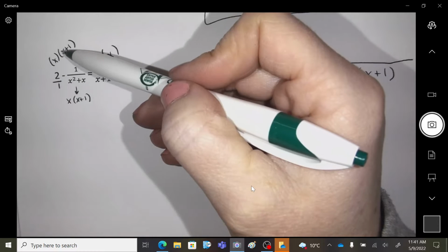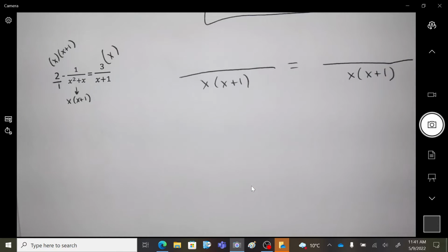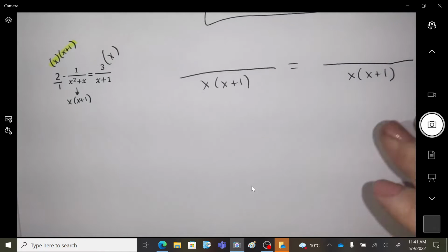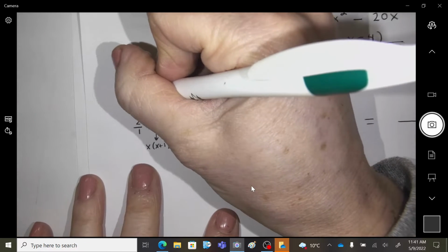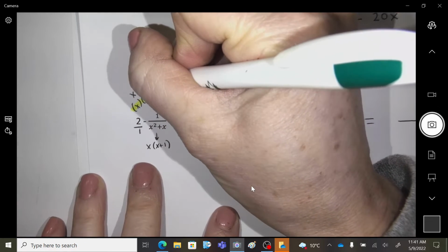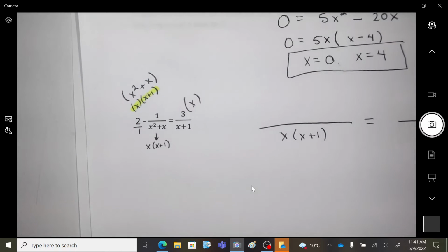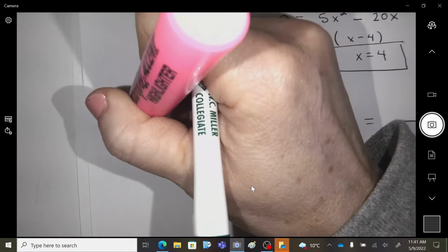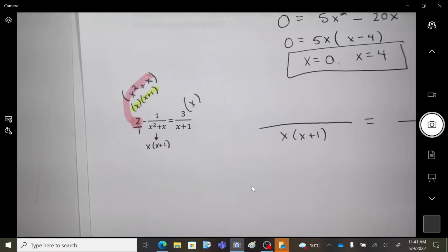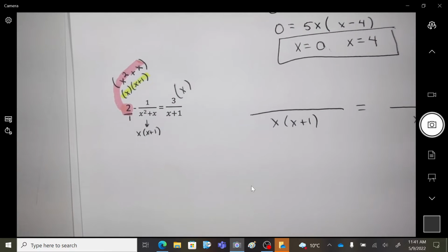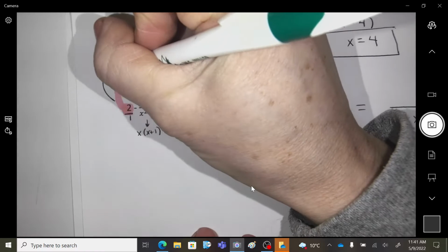Here I have 3 things, so I'm going to pick 2 of them. So I'm going to go with those 2. So that is x squared plus 1x. Now I still have to multiply it by 2.